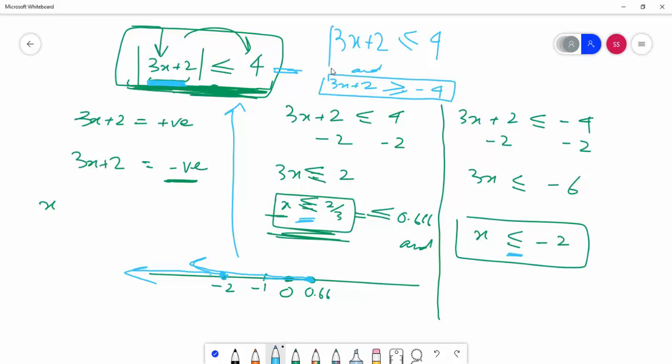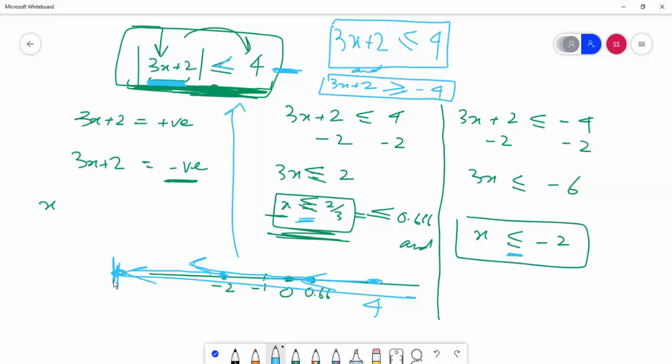So this is what it means by putting in an absolute value sign with a less than or equal to inequality. It is less than or equal to 4, and it is greater than or equal to negative 4.